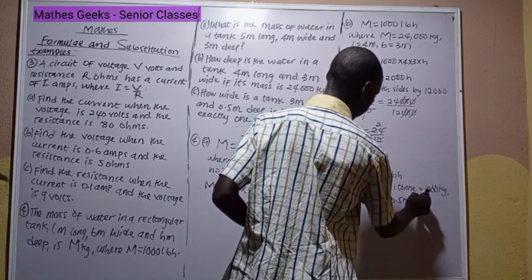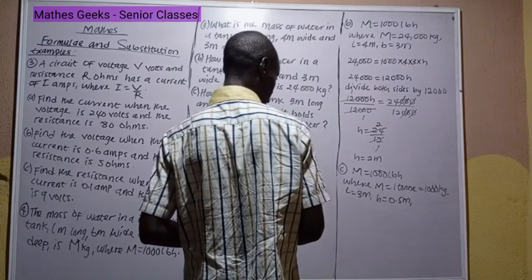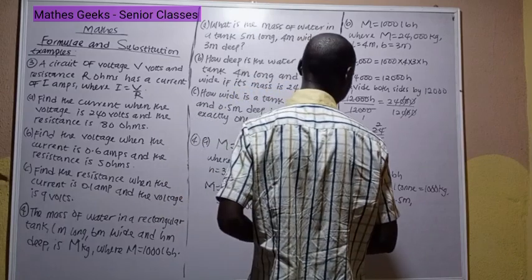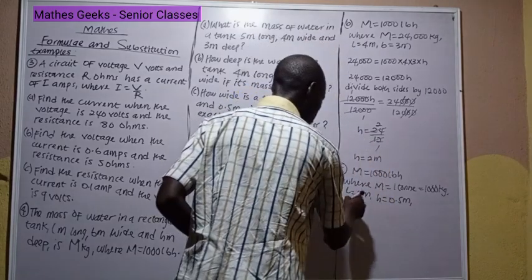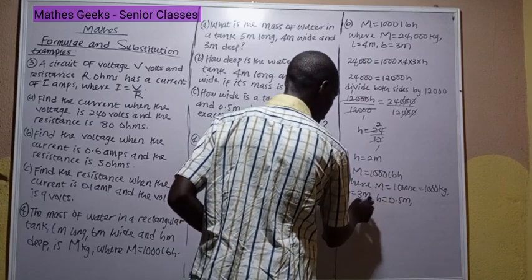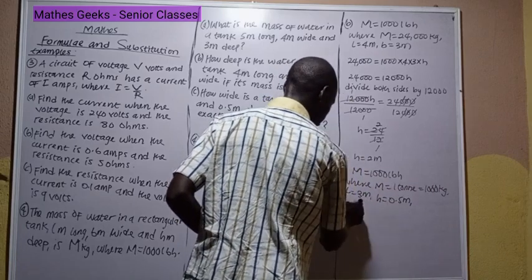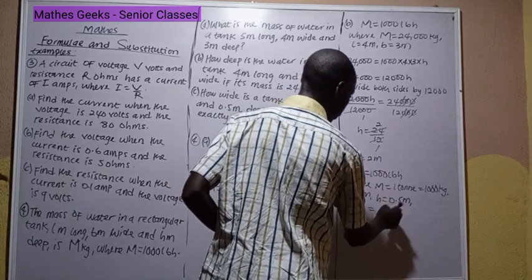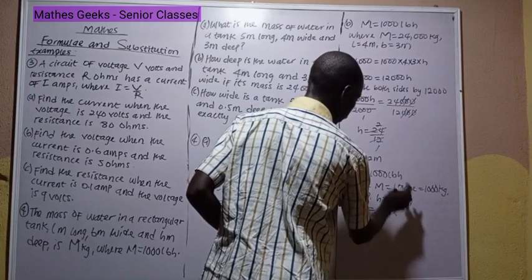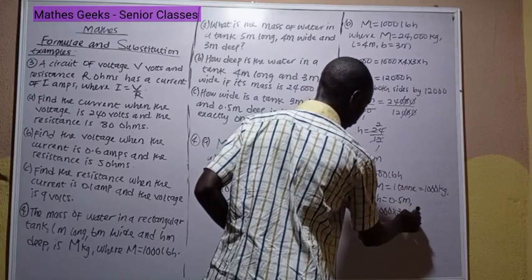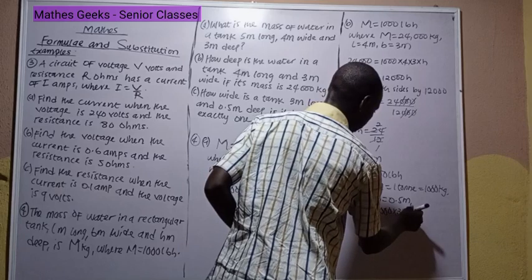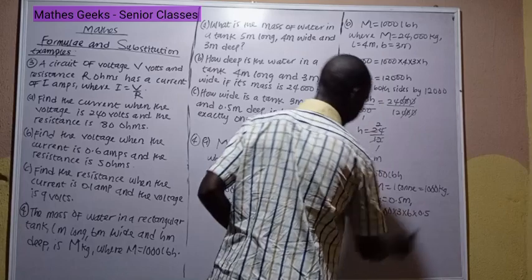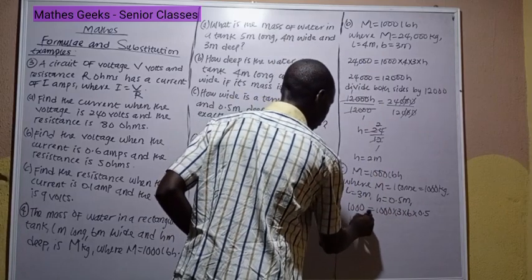So these are the values given to us for the letters. So we are going to look for B, which is the width. So we put these in place of this formula. Our M is 1000 kilograms. 1000 is equal to 1000 times length 3 times breadth, the width, times the height 0.5.